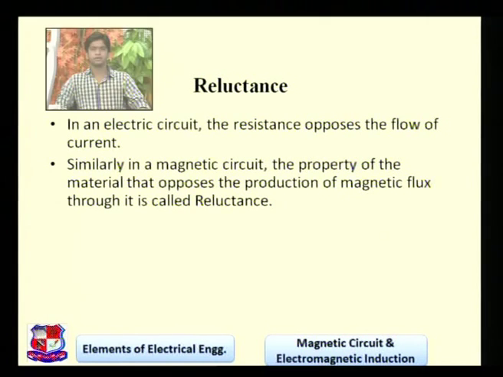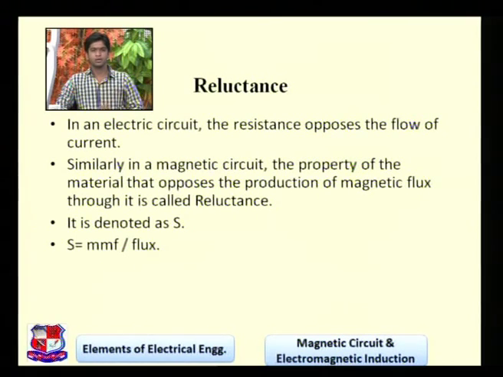Here we can see that the property of the material that opposes the production of magnetic flux through it is called reluctance. Reluctance is basically denoted as S. In electric field, we have resistance R is equal to EMF by current. Here we can say that the reluctance S is equal to MMF by flux.